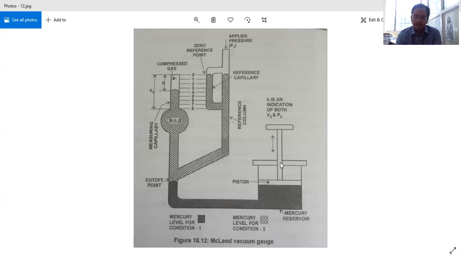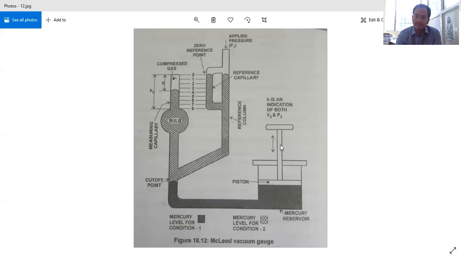This operation is done with the help of this piston. You have a handle here, so manually you can do this operation by pushing this handle. With the help of the handle, this piston will move downward, and the mercury present here will slowly move through the capillary pipe, and it should be stopped at the cutoff point.